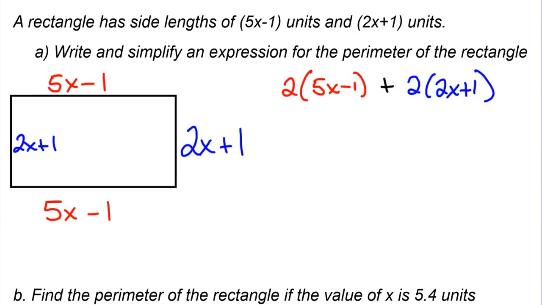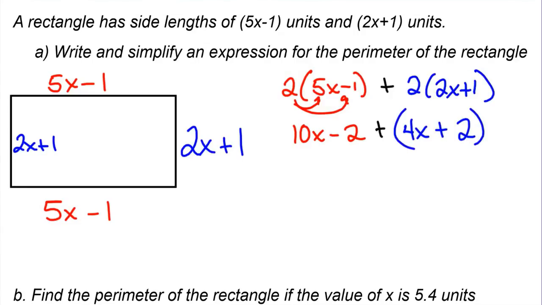Now it says to simplify that, so I need to get rid of the parentheses and combine like terms. I'm going to use the distributive property to simplify this first expression, and that gives me 10x minus 2. That's both of those terms times 2. I'm going to do the same thing to the second expression, everything in the parentheses times 2. 2 times 2x is 4x, and 2 times 2 is 2. Now I have two linear expressions that I'm going to be adding together.